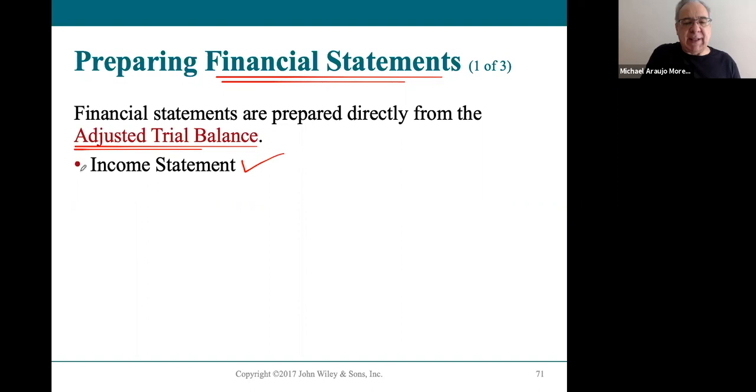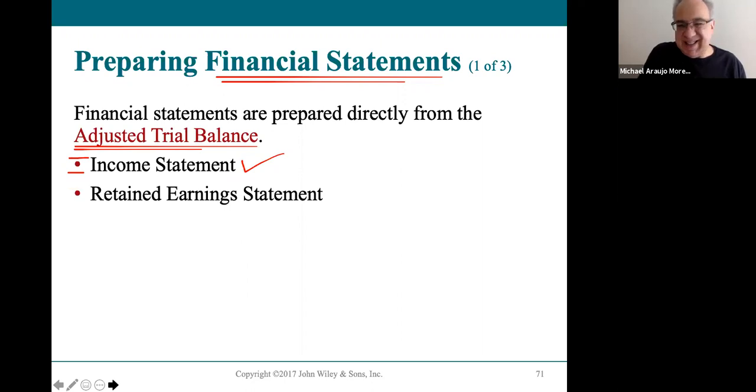It's the first one that's done, and that's why the adjustment process emphasized making sure all the revenue is there and all the expenses are there, because this statement is the very first one. If we get this right, then it flows from there. Where does it flow? It goes to the retained earnings statement next, and then that flows into the balance sheet.